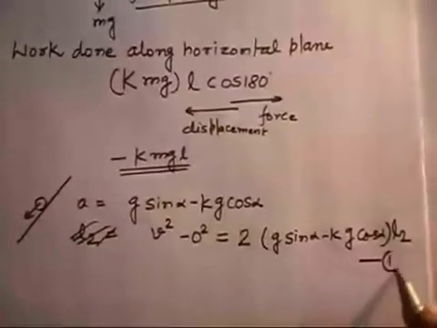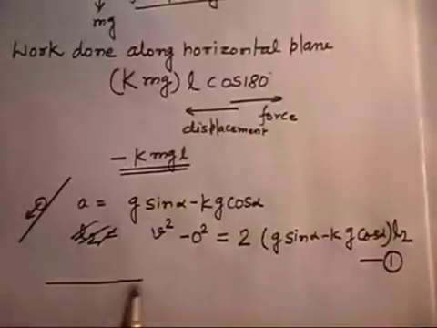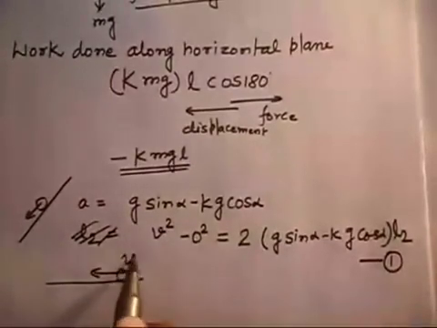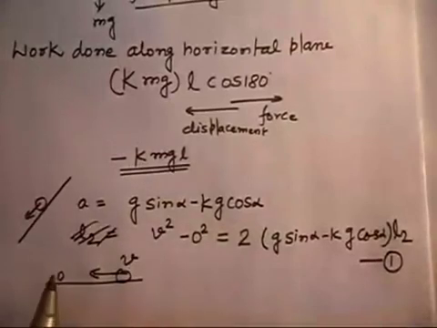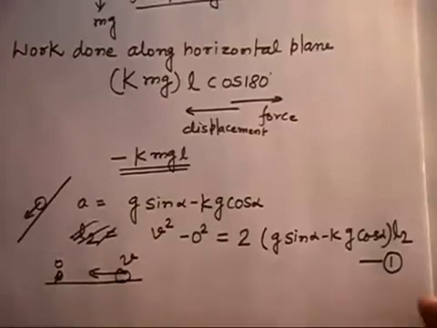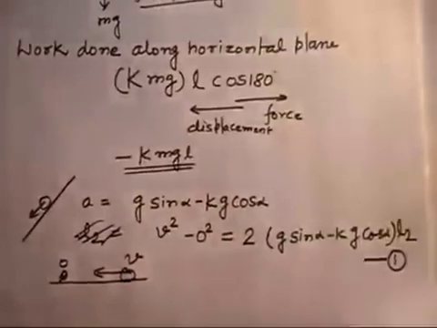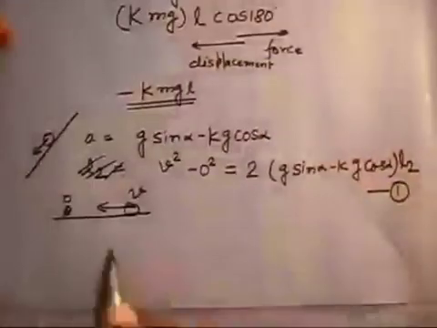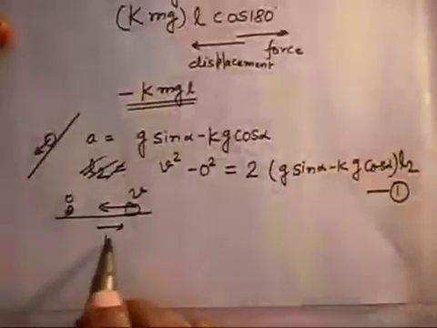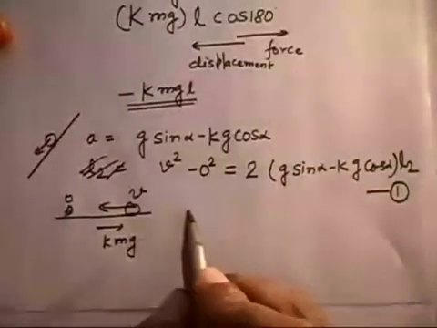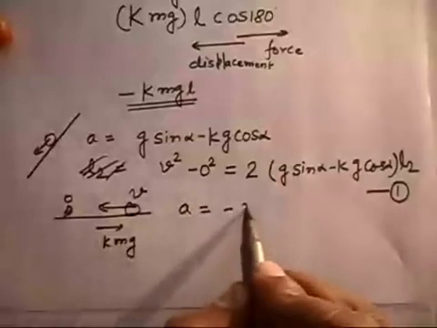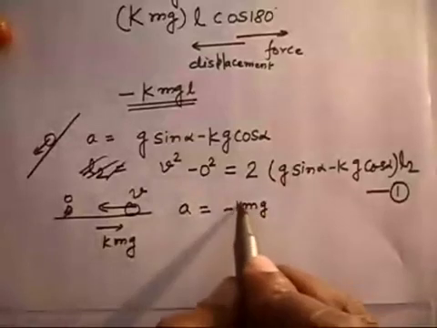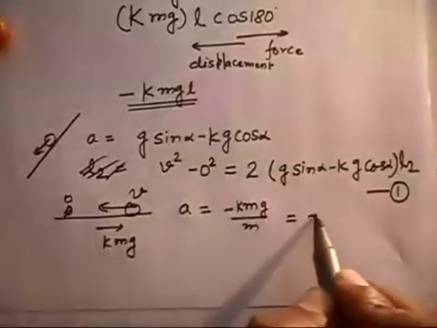So this is the first part. Now if this is going along this horizontal line, this is the initial velocity, and the final velocity is 0. In this case we basically have deceleration, where the force is acting in this direction, k times mg. So deceleration is basically minus kmg by m, so this is minus kg.